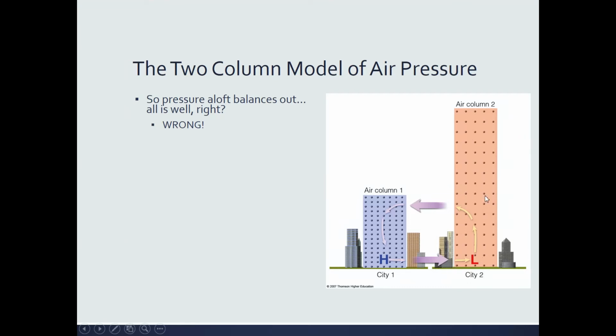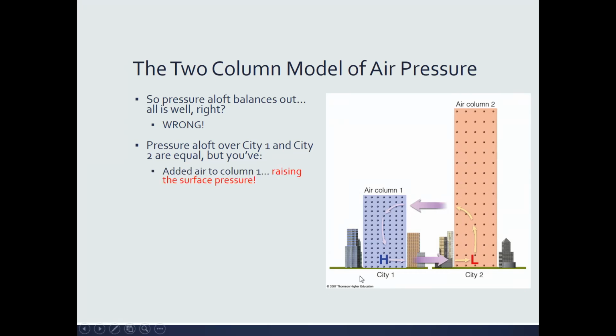And by removing air from column 2, we decreased air pressure over column 2. So even though we balanced pressures aloft, we raised pressures over column 1 at the surface, and we lowered pressures over column 2 at the surface.